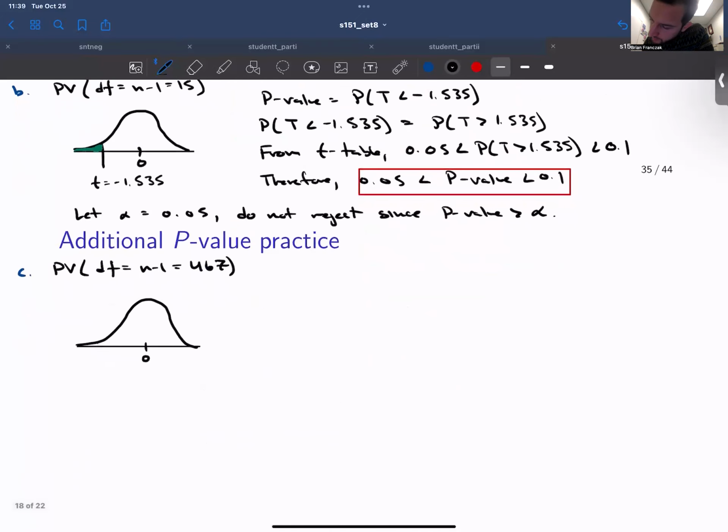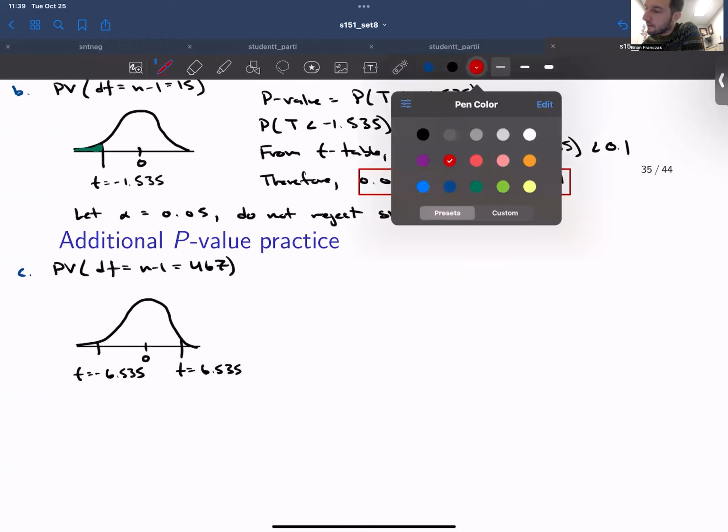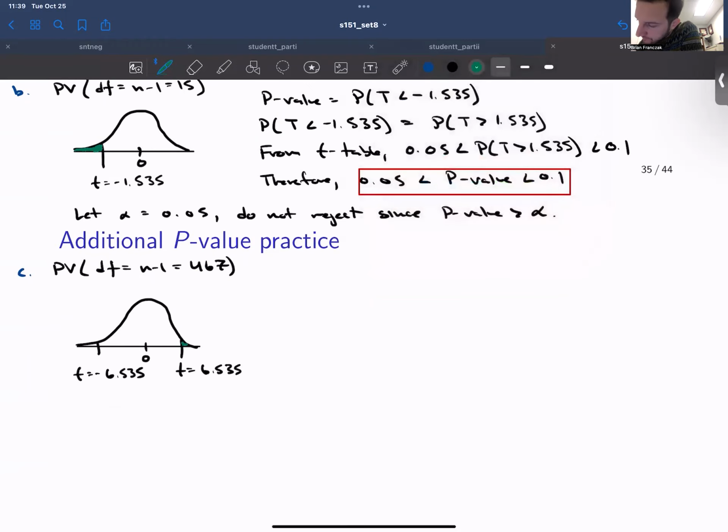Okay, so what we're going to do here is take the negative and consider the positive of this number because it's a two-tailed test. So regardless of the value of the test statistic, when we're running a two-tailed test, we always have to consider both tails. All right.